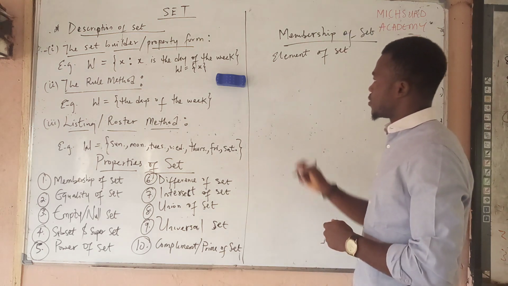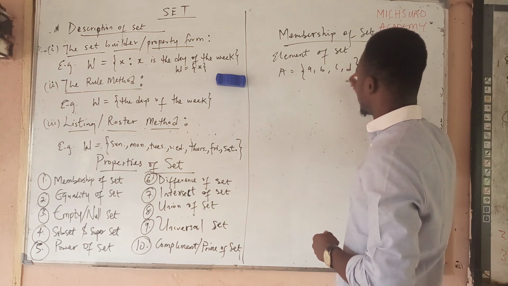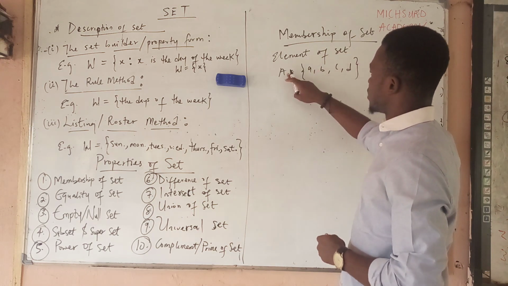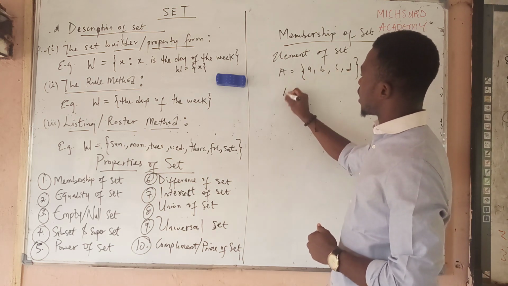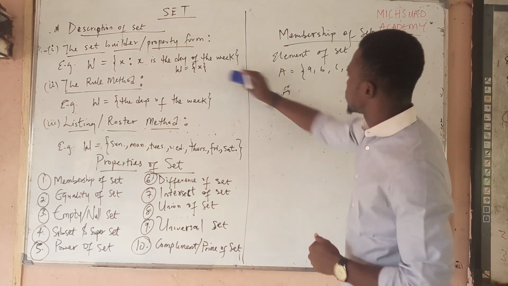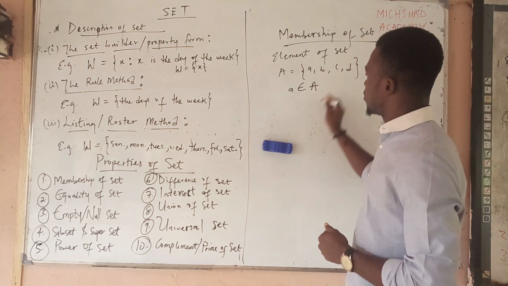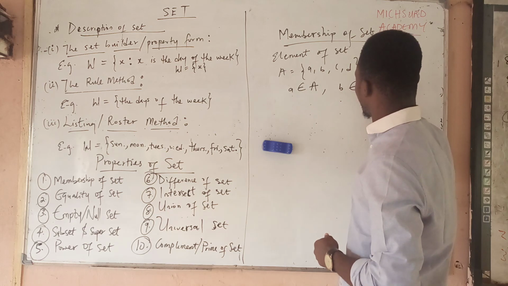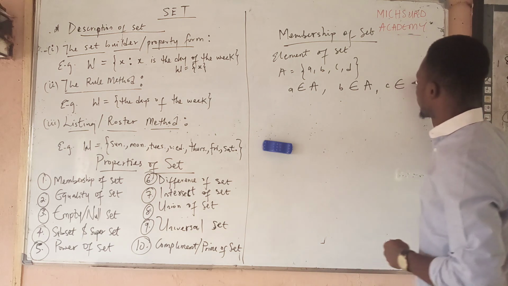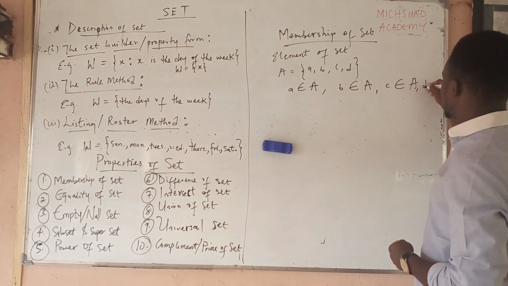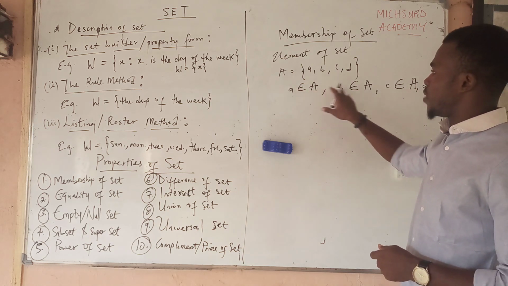Just like they say, if we have set A is equal to A, B, C, and D, then the elements of set A are A, B, C, and D. So we can denote this as A is an element of A. Someone can write that B is also an element of A, C is an element of A, or you can still write D is an element of A. So these are the elements of this set.